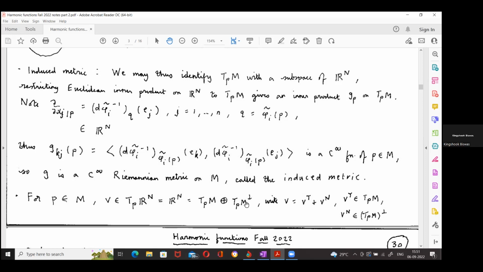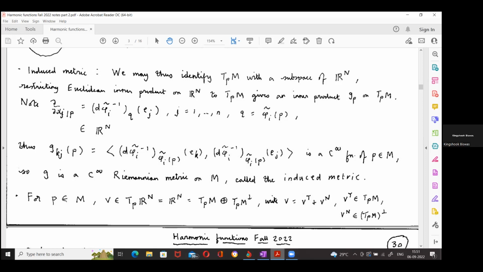So let me write any vector V in R capital N as a tangential component Vt plus a normal component Vn. Vt belongs to TPM and Vn belongs to TPM perp.